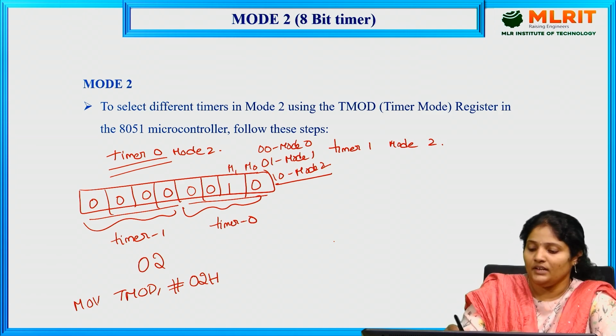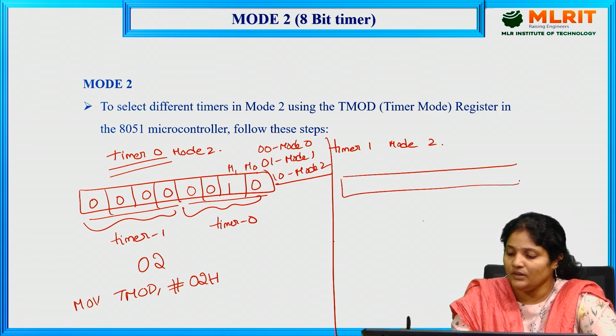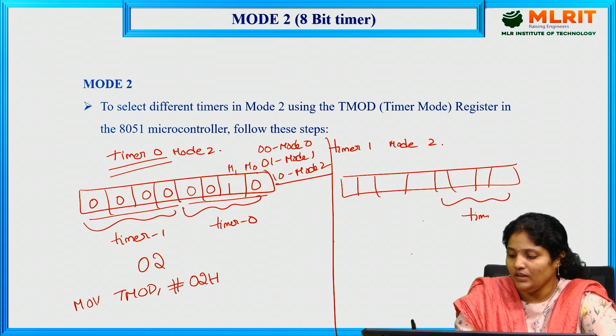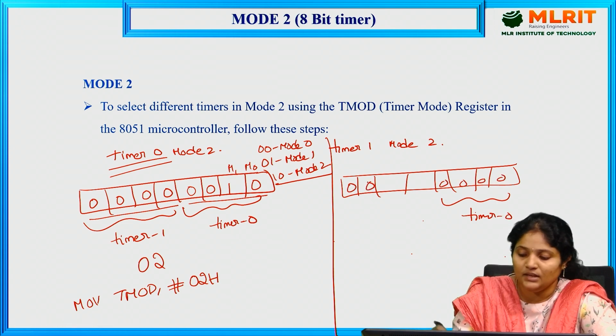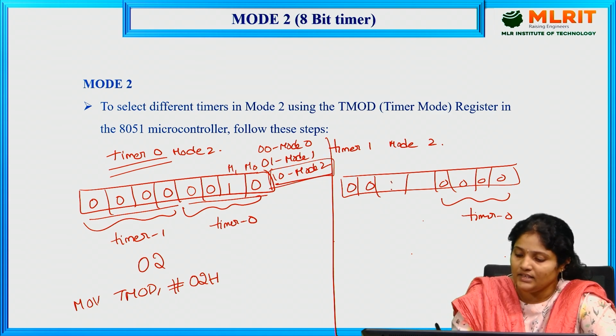Now see timer 1 in mode 2. The exact reverse operation will be done here. Timer 0 will be kept as zeros. First one is GATE and C/T bar. If I want to select mode 2, I need to take it as 1 and 0.